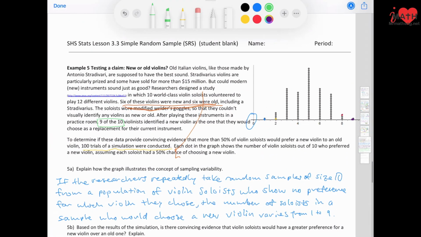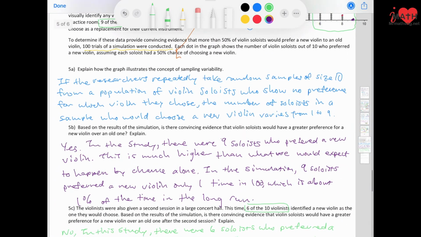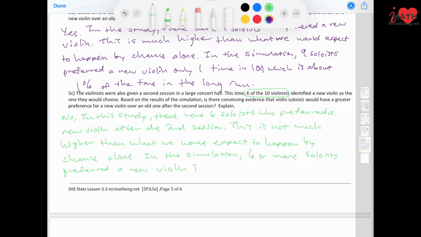So count all those dots up, that would be 35. 35 times in 100, which is about 35% of the time in the long run.